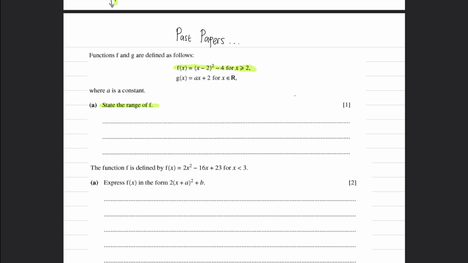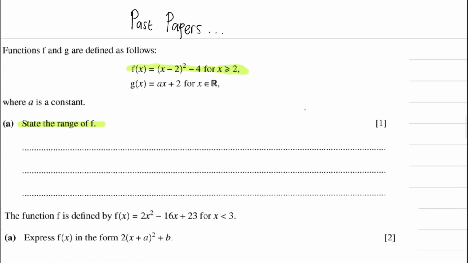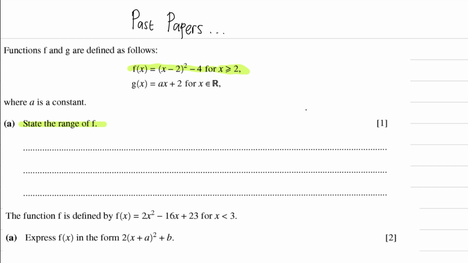Now, if you look at the question, this is a quadratic function. So the key for the quadratic function, you need to find the vertex. So the vertex is, you take this number but take the opposite, minus 2 become plus 2. And then we take this value, which is minus 4.